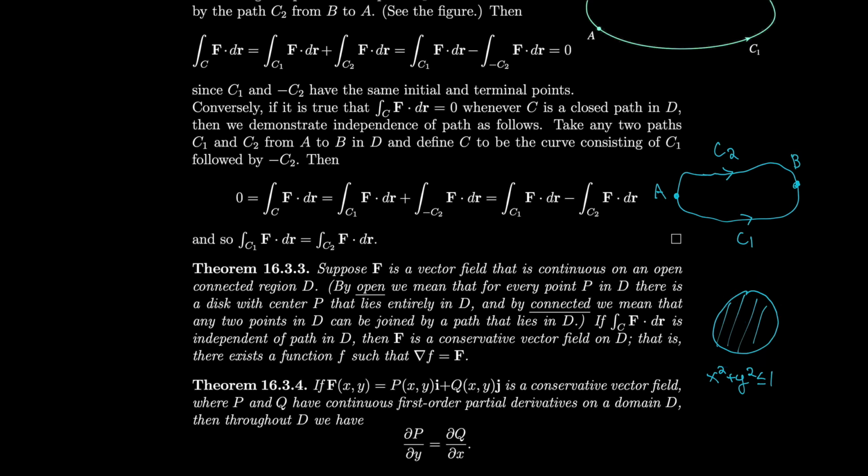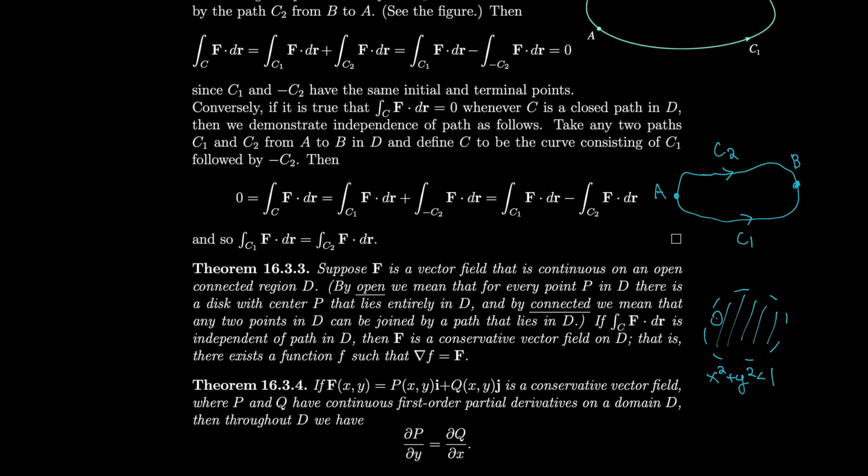So in order for this thing to be open, what I could do is make this less than 1. And what I could do is make this thing dashed, just to indicate that I'm not including the boundary points. And then no matter what point I choose inside, I'd be able to draw a circle around it that's stuck in here, because I'm not allowed to pick points over here on the boundary.